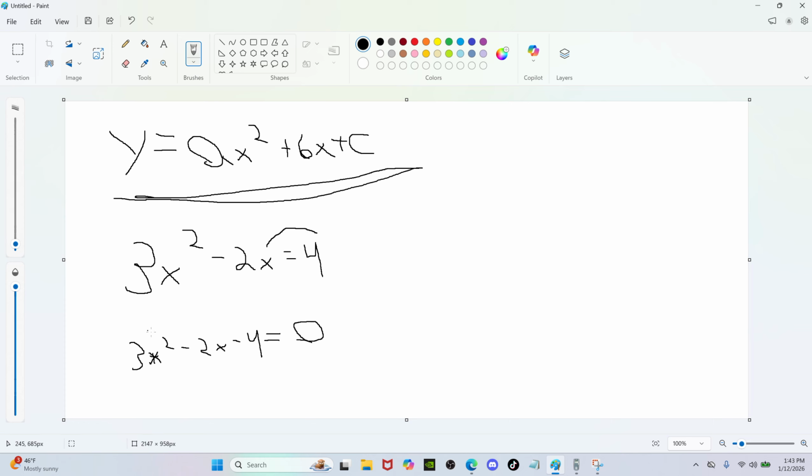And there you go. So this will be our a, because the squared term comes first, and then the x that's not squared comes second right here in the formula, and then our negative 4 is our c. And then we just enter that into the calculator. And that's how you do quadratics, folks.